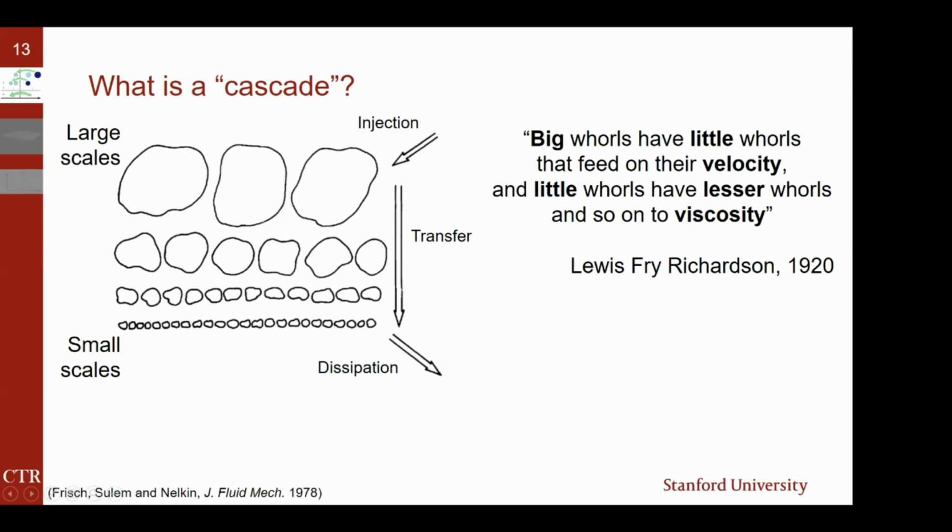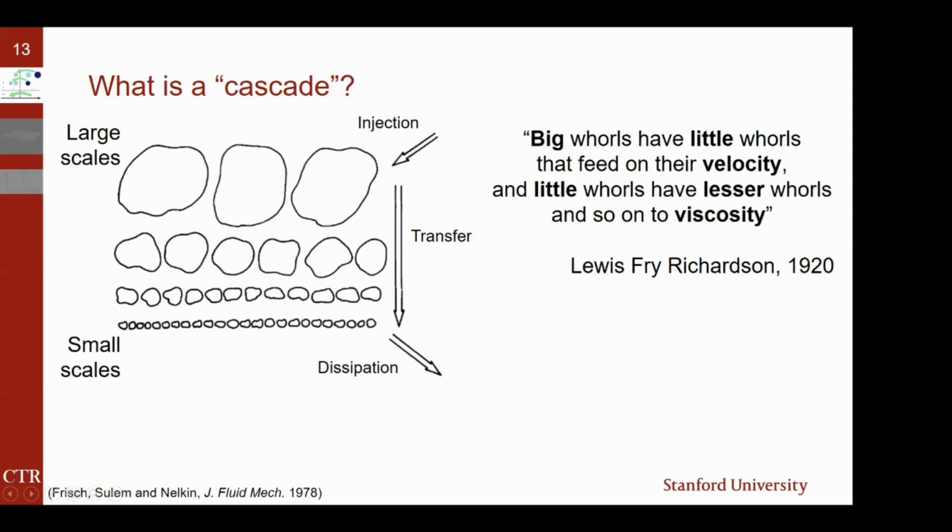So what is being described here is that energy is injected at the large scales, the energy containing scales. So there's a velocity that he's referring to. Then it is transferred, cascaded to smaller and smaller scales, from big to little and little to lesser. And then it is dissipated at the viscous scales. So that's the viscosity he's talking about.